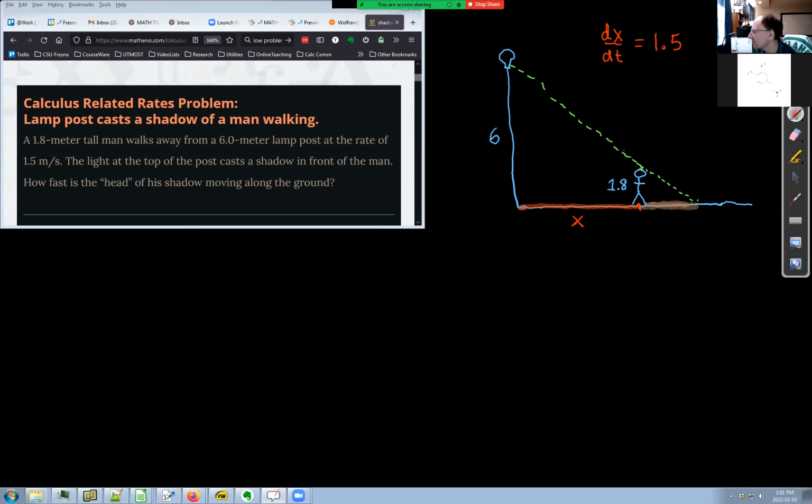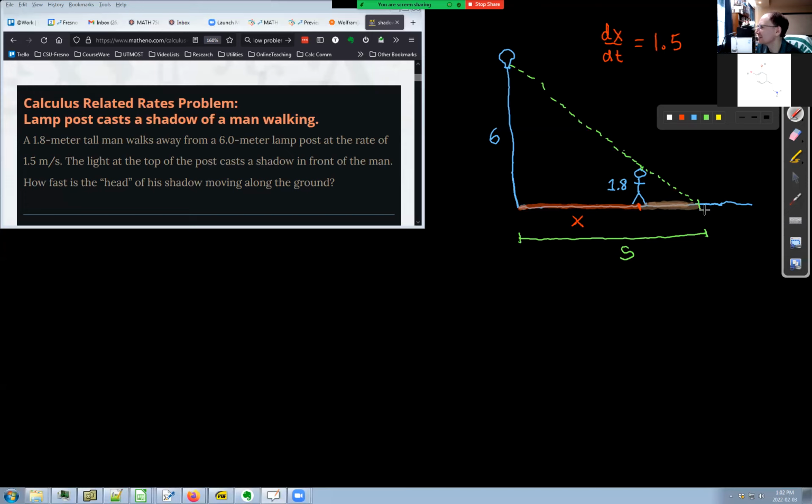Let's see what we got here. It says, how fast is the head of the shadow moving along the ground? Interesting. So there's another variable here. I'll call this whole distance S for shadow, although it's not really the shadow, the shadow is just this little bit, but I need to give it some name.